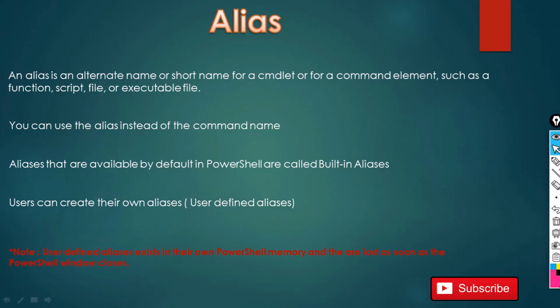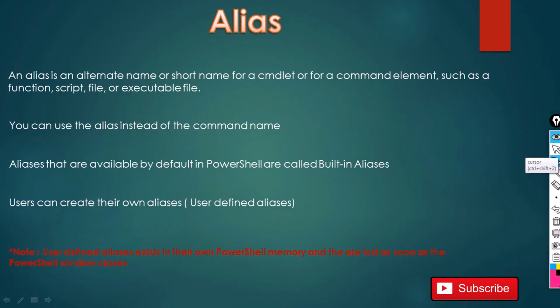In PowerShell there are commandlets which are super long, for example Get-NetAdapterInfo. It is a very big command. If you are using it repeatedly to get some information, you can create your own shortcut that you are comfortable with, and then just execute the shortcut. You get the same output that you get when you execute the actual commandlet.